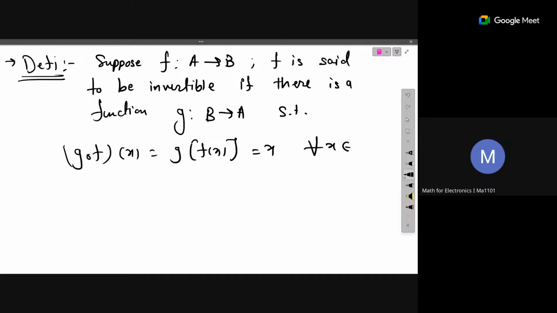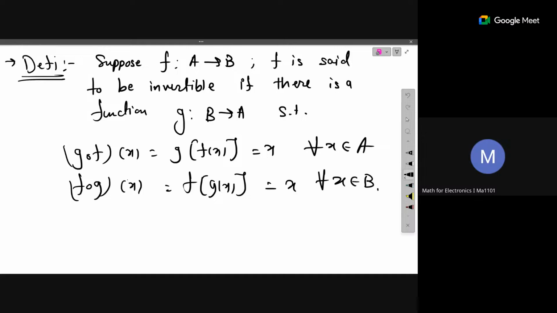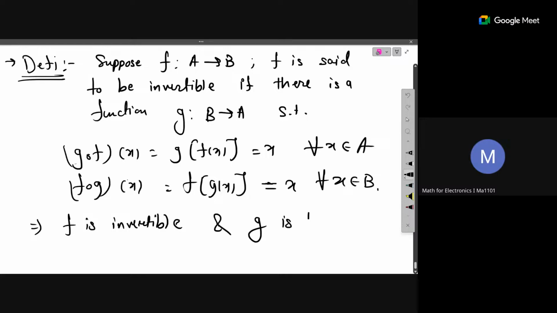Now here we are applying f first. So for all x belongs to A, and f composite G of x, which is equal to f of G of x, should be equal to x for all x belongs to B. And if these two conditions hold simultaneously, then this implies that f is invertible, and G is the inverse of f.